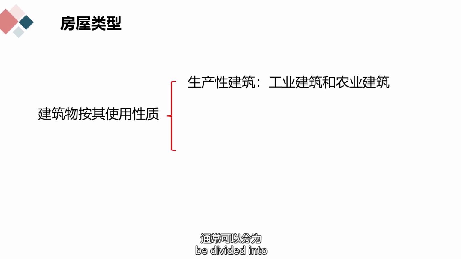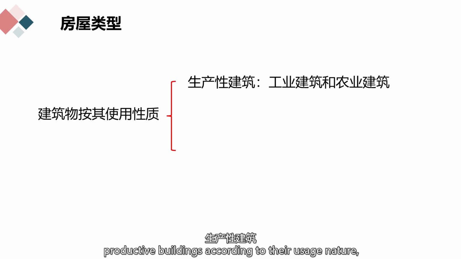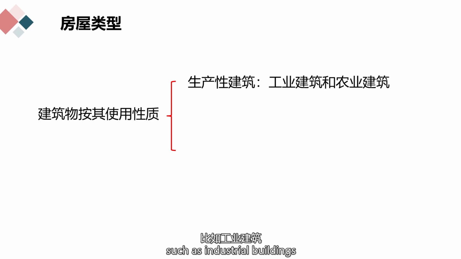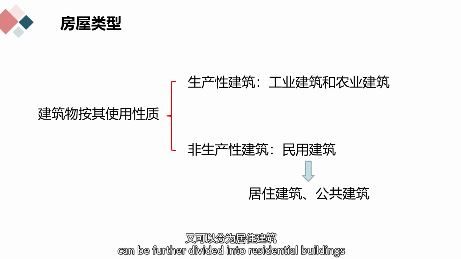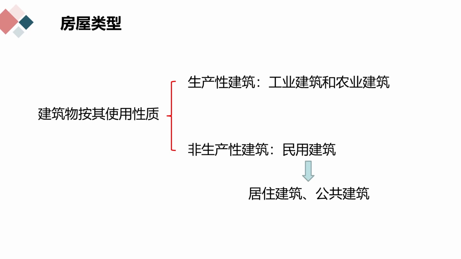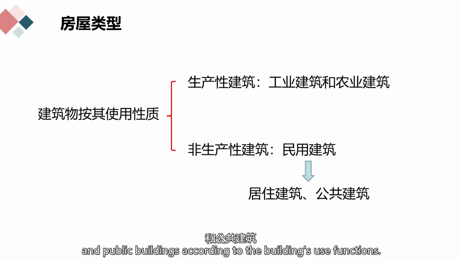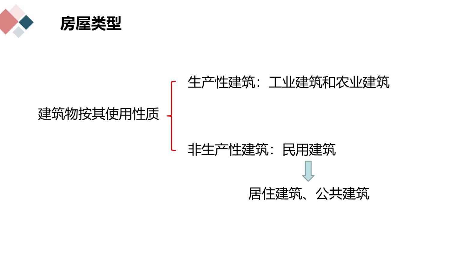Building types. Buildings can usually be divided into productive buildings according to their usage nature, such as industrial buildings and agricultural buildings, and non-productive buildings, such as civil buildings. Among them, civil buildings can be further divided into residential buildings and public buildings according to the building's use functions.